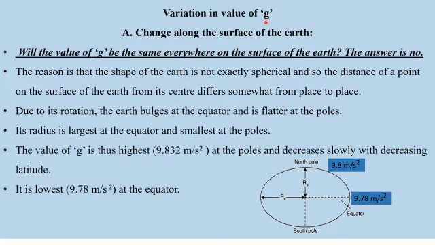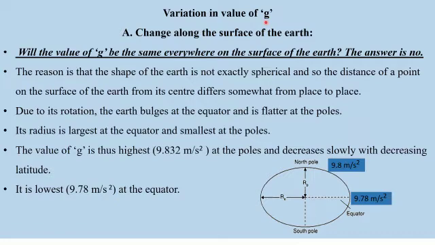But as the height of the object goes on increasing from the surface of the Earth, we find that the value of g changes. For example, a communication satellite is at a height of 35,700 kilometers from the surface of the Earth. Now we have already calculated the radius of the Earth, that is 6.4 x 10^6 meters.